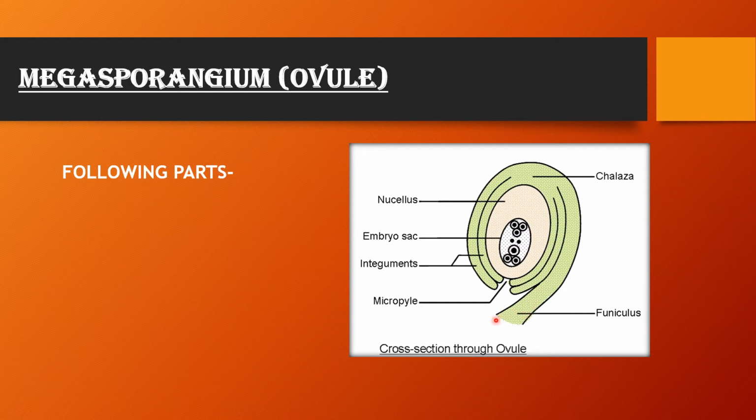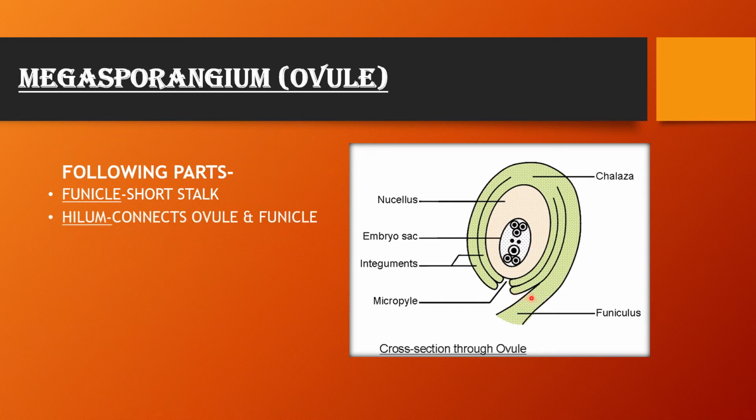That anatropous type of ovule has the following parts. First one is the funicle. It is the extension of placenta on which this ovule is placed. It is a short stalk.